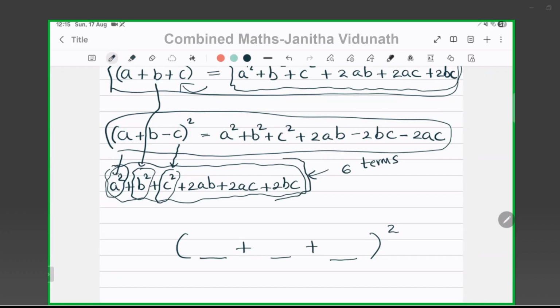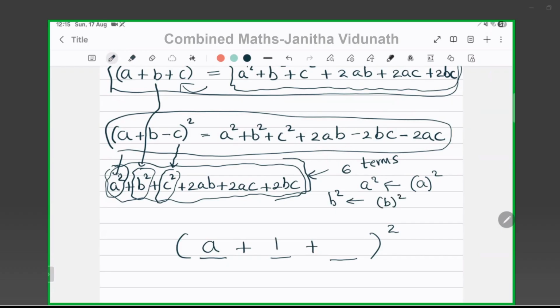Here, simply we identify the terms from the square terms. Here, one is a square. Then we know that this term can be obtained from the square of a. Then simply we put a in here. Then we know that b square can be obtained from the square of b.